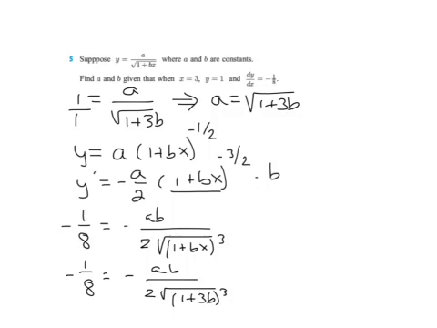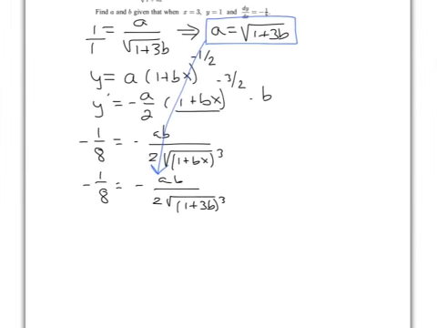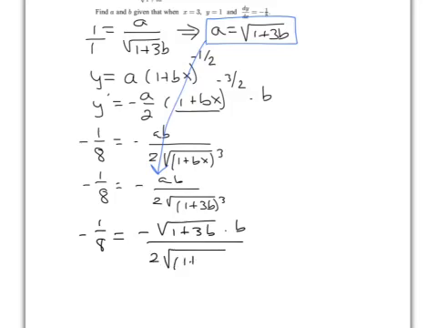Then we notice in here that we solved nicely for what a is equal to, which we're just going to plug in here. So here we're going to have negative 1 over 8 equals negative a, which is square root of 1 plus 3b, times b all over 2 square root of 1 plus 3b to the cube.